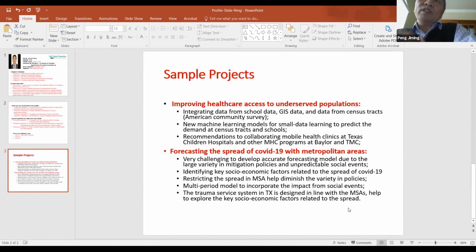Essentially, there is a central, reasonably bigger city, and then you have several counties around it. Like we have a trauma service area in Houston. Myself, I live in Galveston, but Galveston is another TSA, where the hospital system is led by UTMB, while Houston is led by other hospital systems. So you do have all this information about the hospital systems in each trauma service area.